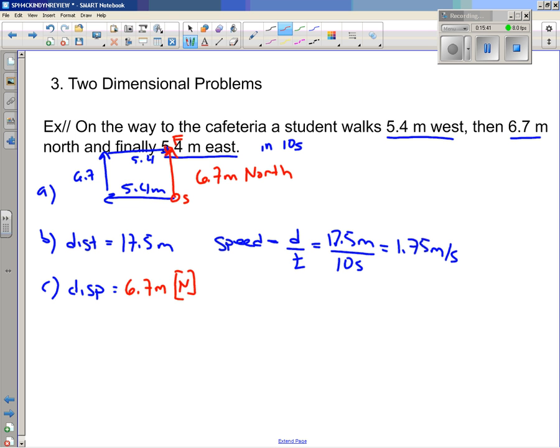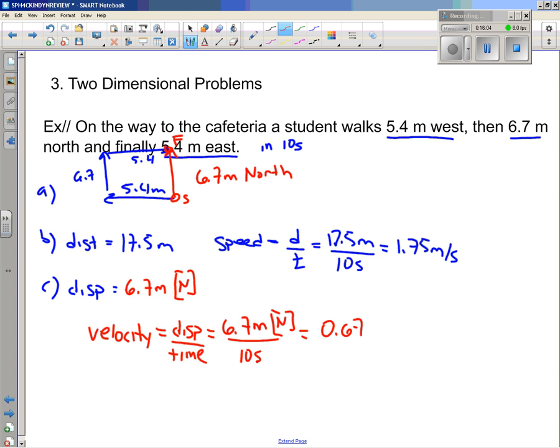Now from that, I can get my velocity, because velocity is not distance over time, it's displacement over time. Our displacement is just 6.7 meters north divided by 10 seconds equals 0.67 meters per second north.